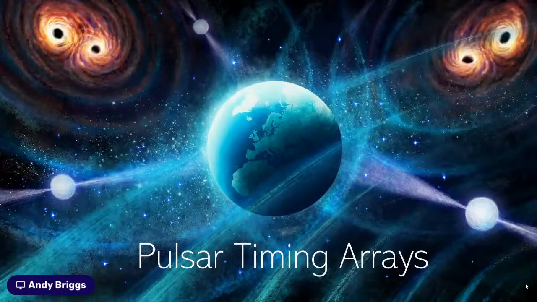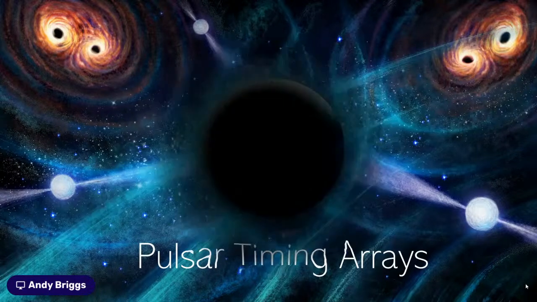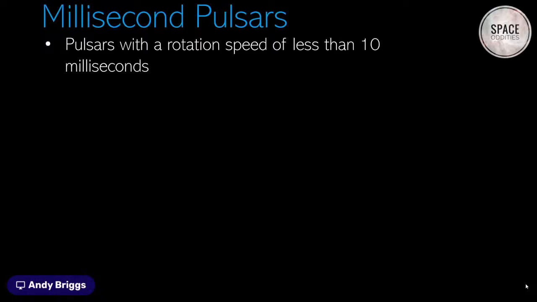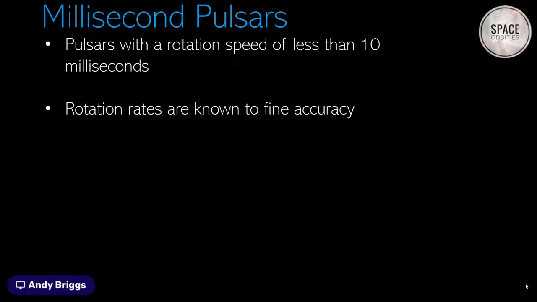To do this, you use something called pulsar timing arrays, and astronomers have used millisecond pulsars for this. What are these? These are pulsars that have a rotation period of less than 10 milliseconds, and we know their rotation speed incredibly accurately. They are the universe's most accurate clocks.